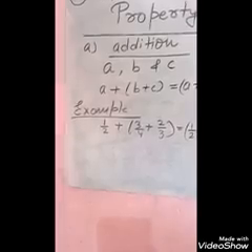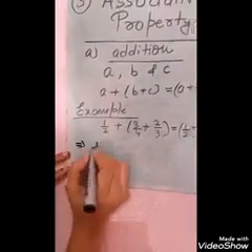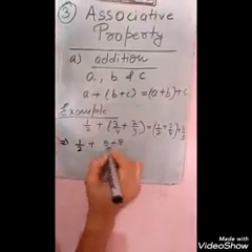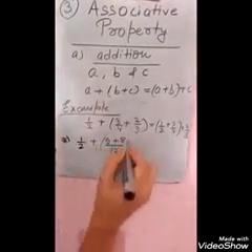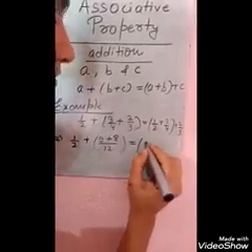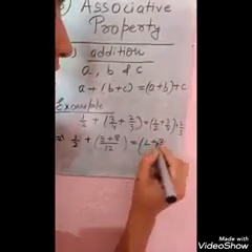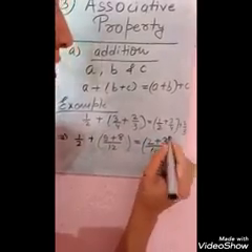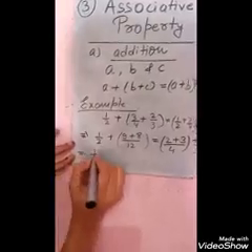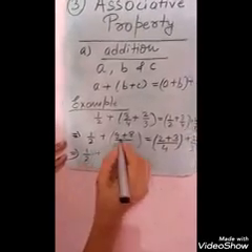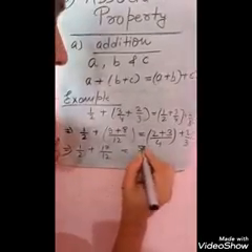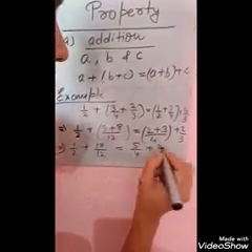Now solve it and you will get 1 by 2 plus 9 plus 8 by 12, and here you will get 2 plus 3 by 4 plus 2 by 3. Now 1 by 2 plus 17 by 12, and here 5 by 4 plus 2 by 3.